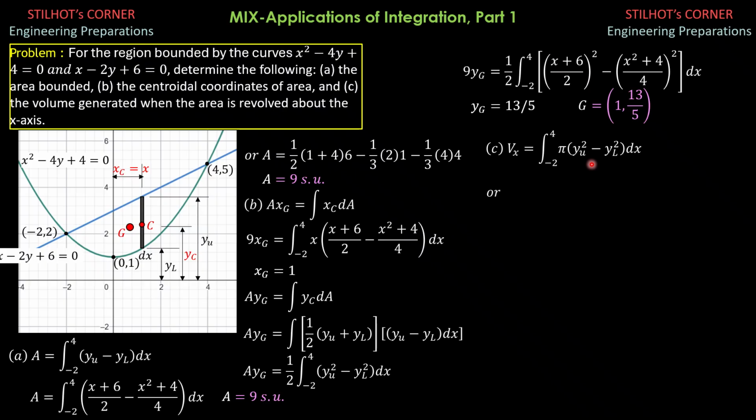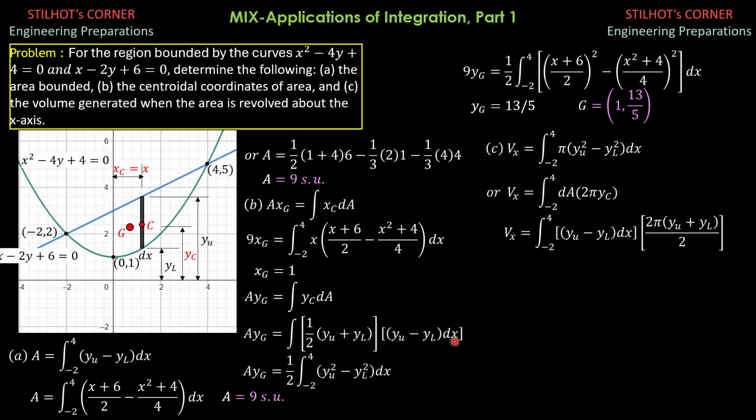So substitute upper y, which is the quantity (x plus 6)/2, then squared. By the way, the other expression to set this up is by Pappus' second proposition, which is the differential area times the distance traveled by the centroid, which is 2 pi y sub c. So dA is upper y minus lower y dx, while y sub c is 1/2 of the quantity upper y plus lower y.